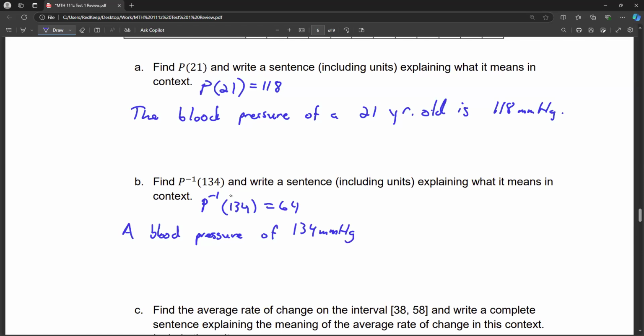Not forgetting those units, maybe is correlated or something of that effect, correlated to a 64-year-old, right? So that was our output there. Perfect. Okay, so that might be one potential answer to that.